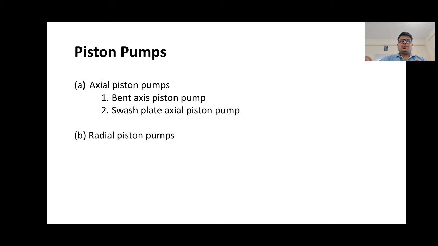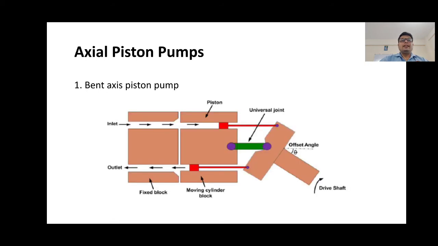So let us go through various types of piston pumps. First one, axial piston pumps. Axial piston pumps are further divided into subtypes like the bent axis piston pump and the swash plate axial piston pump. Axial piston pumps are again positive displacement type pumps, which convert the rotary motion of the shaft into the axial reciprocating motion of the piston.